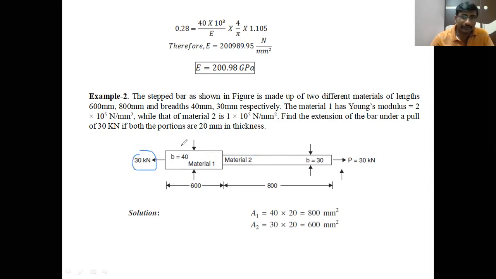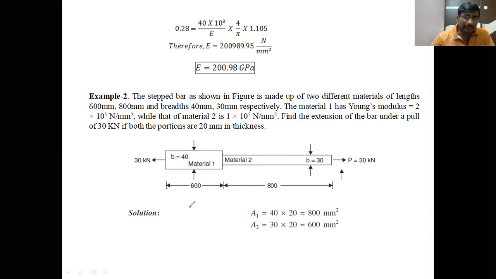That means 30 kilonewtons is applied on the first material, and 30 kilonewtons is also applied on the second material. So each material is subjected to the same load of 30 kilonewtons. Both are tensile loads, that means the load which tends to increase the length of the members.